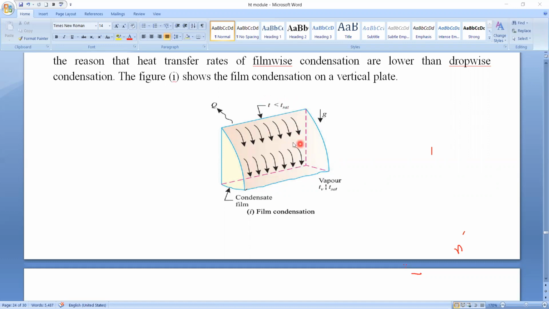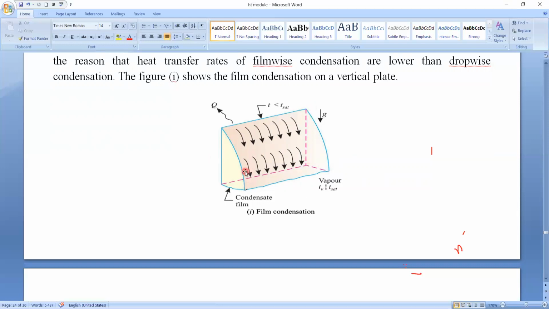So the vapor will lose its latent heat to the plate, and hence there is a phase transformation from vapor to the liquid state. So remember students, in film-wise condensation, the entire cooling surface is covered with the film. This is a very important thing.